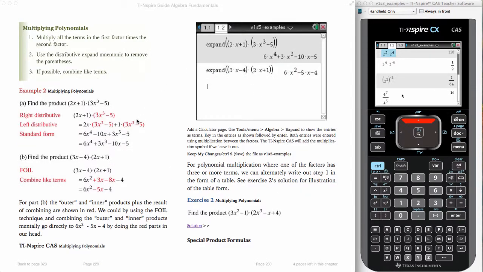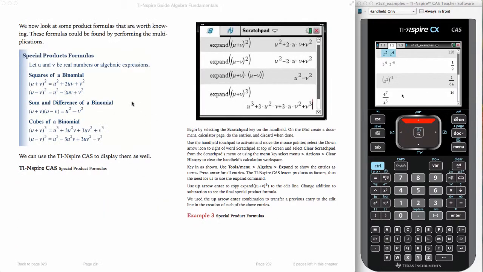Here we show you examples of using the expand command to do the traditional FOIL working out of problems. When you start manipulating, you have special product formulas. Again, if we needed some assistance with these, we could actually use the expand command to create the formulas over here for us to take a look at them.